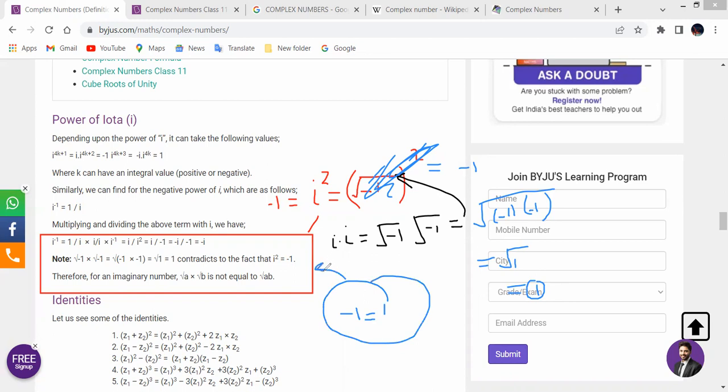Why is this a contradiction? Because we applied a property which is wrong. We know that the property square root of ab is equal to square root of a and square root of b.